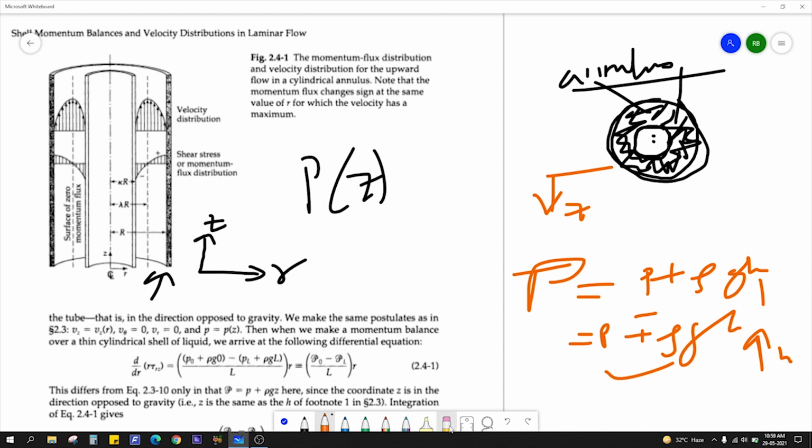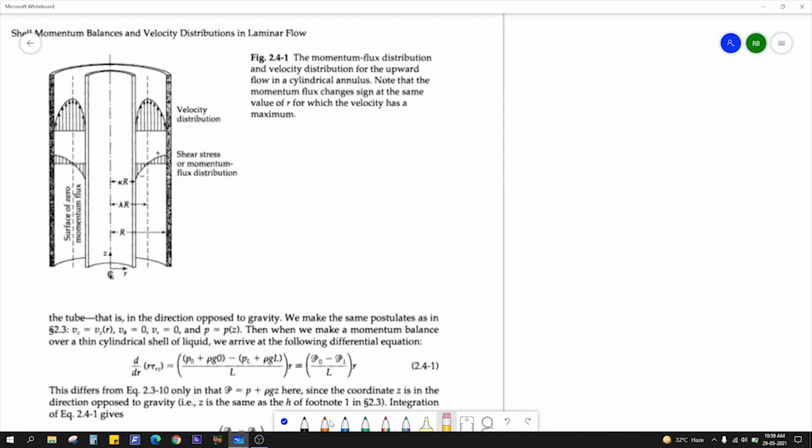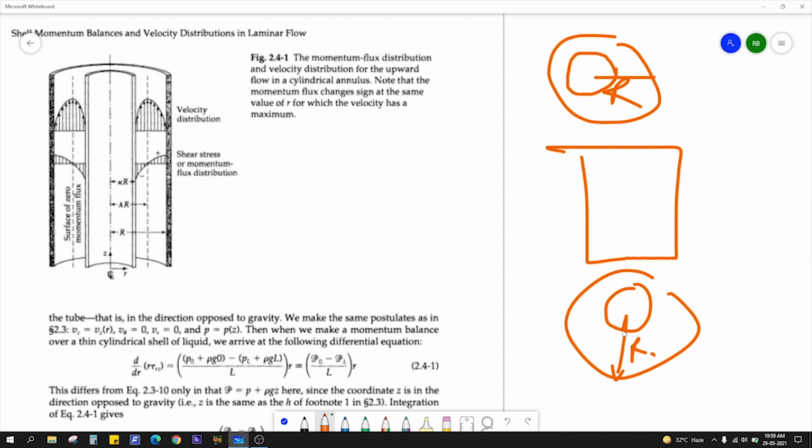Clear. Now let's deal with the boundary conditions. Before that, just define the radius. The radius of the outer cylinder is R1 and the inner cylinder is R2, this way is also possible.